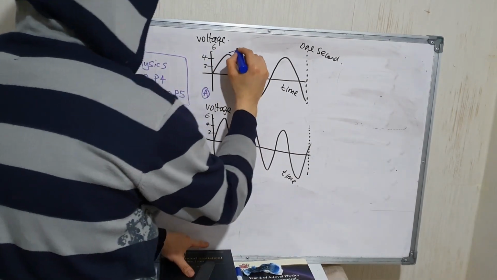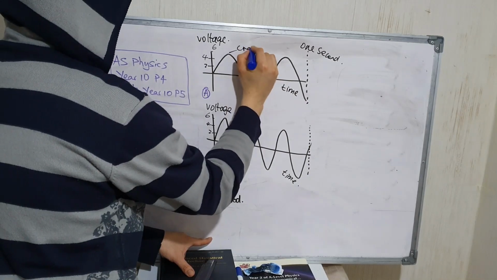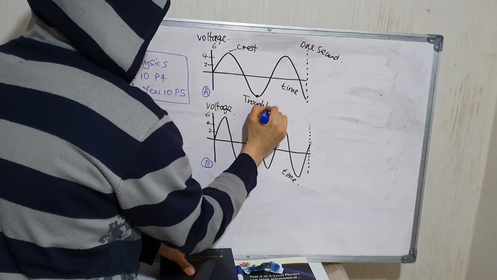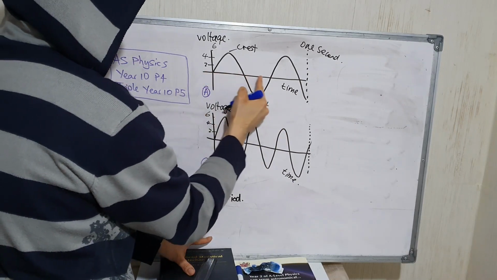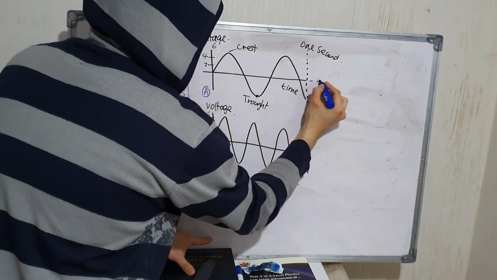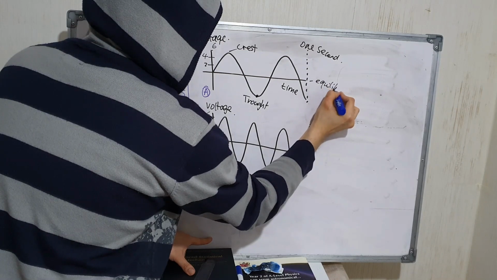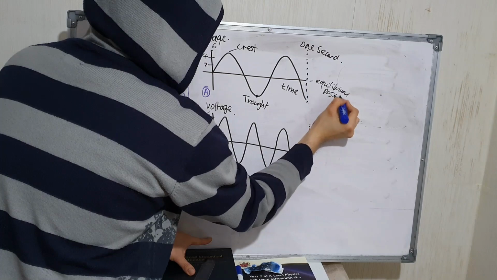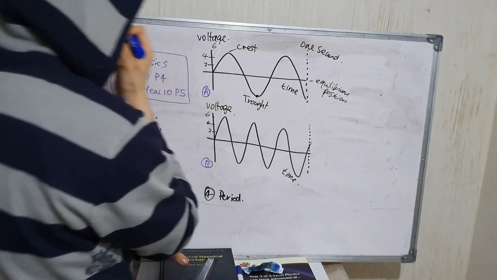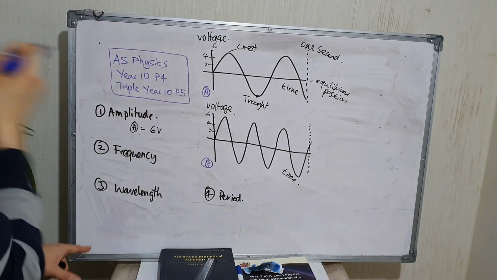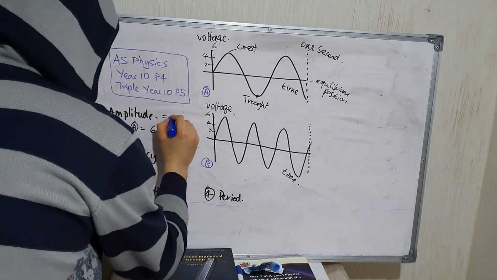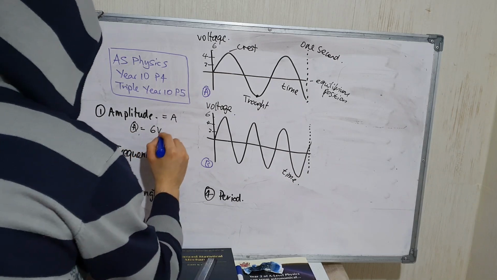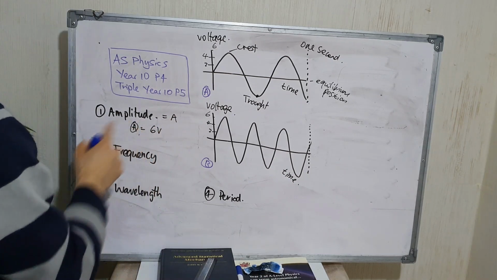The top is the crest, the bottom is the trough, and the middle, where it's equal to 0, is called the equilibrium position. The symbol for amplitude is A, so A is equal to 6 volts.